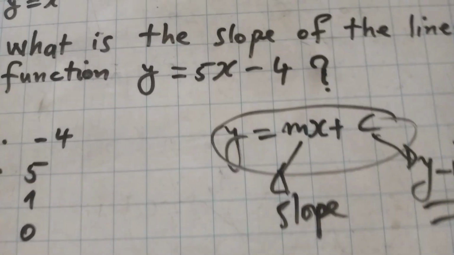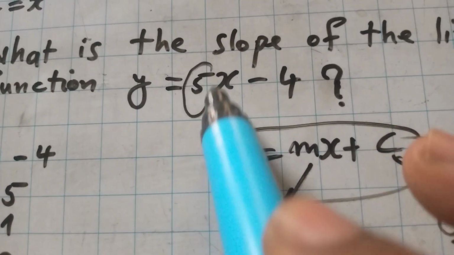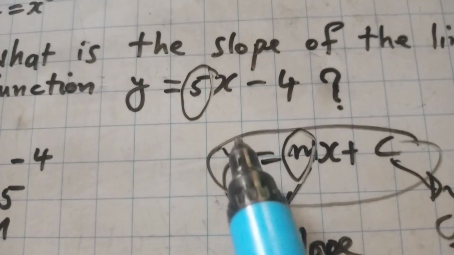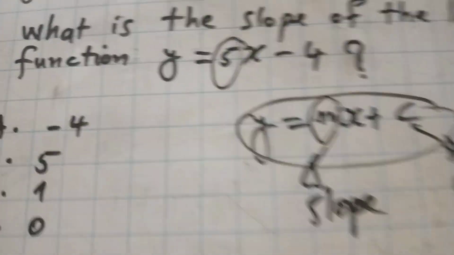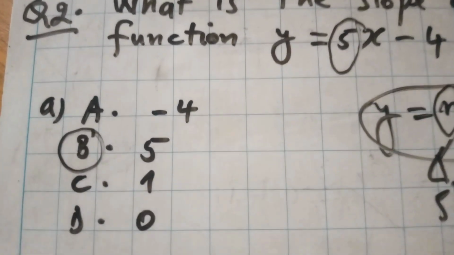So from the equation you have here, my m is 5. So 5 is the slope, and 5 is on choice number B. So the best answer here is B.